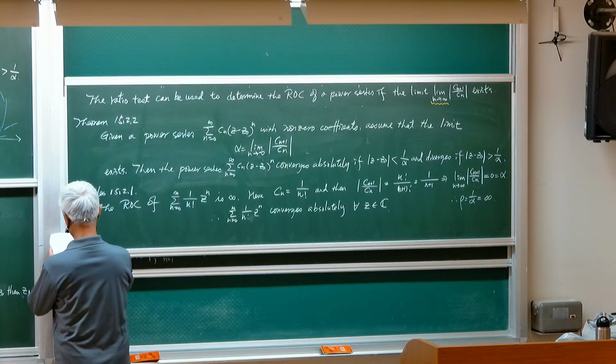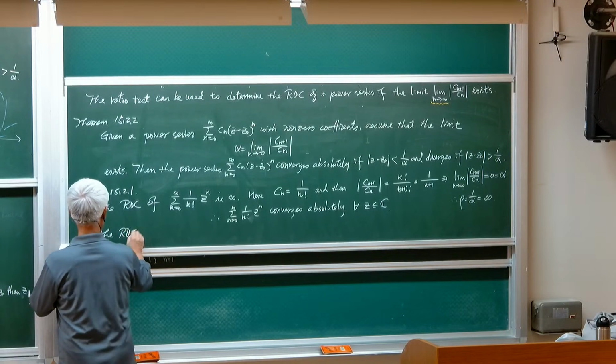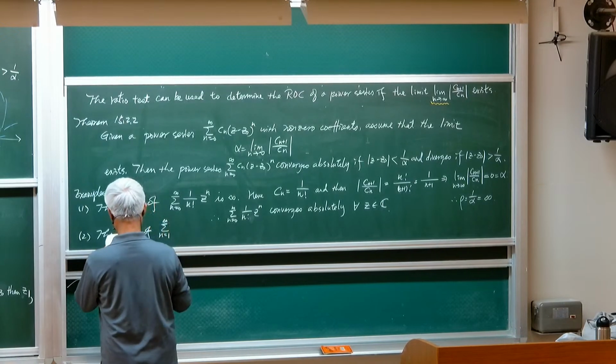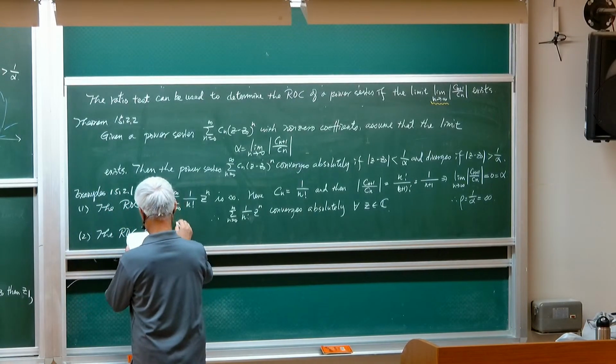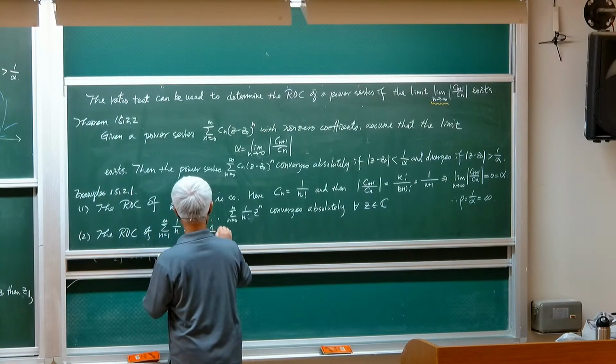Now, second, the ROC of the sum from n equals 1 to infinity of 1 over n z to the n is equal to 1.